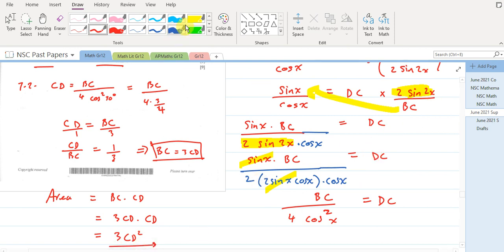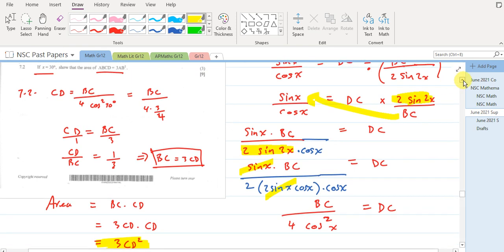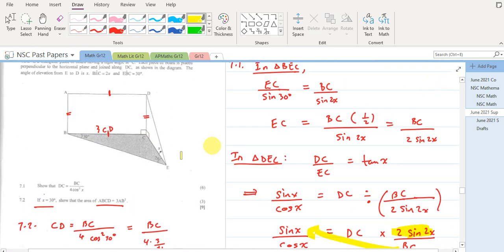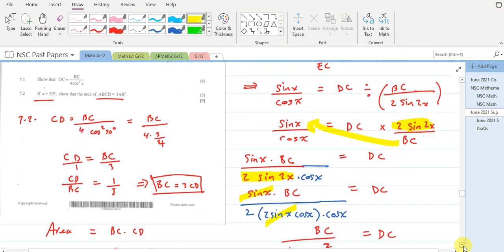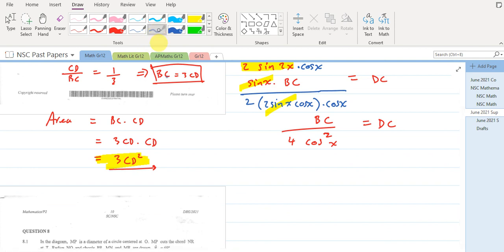So that's our final answer. So we are getting the area of the rectangle to be 3 CD squared, but CD is equal to AB.